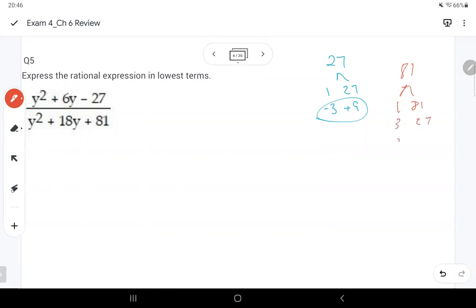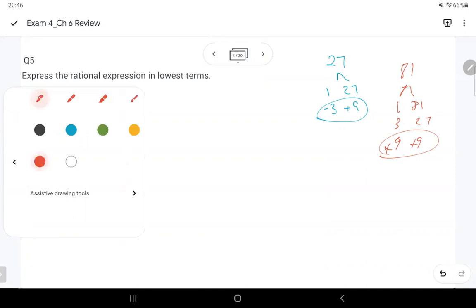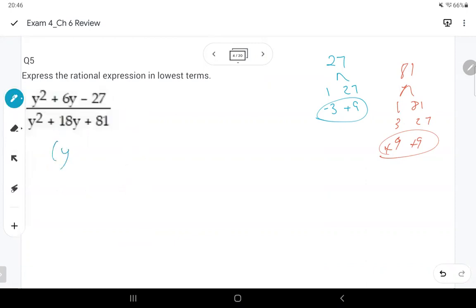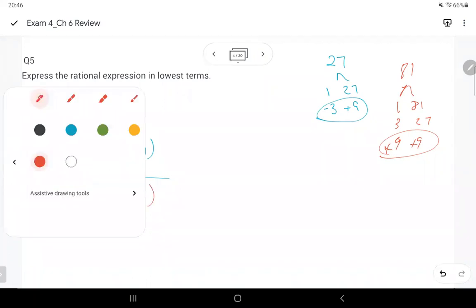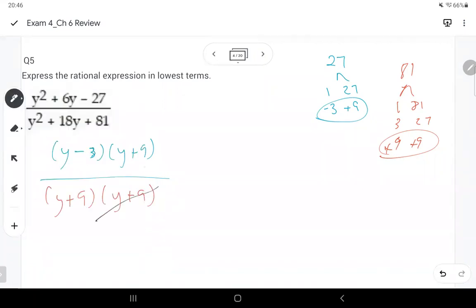They will actually be 9 and 9, and they're both positive. The reason why we don't write y plus 9 quantity squared is because they're going to cancel out right there. So you end up with y minus 3 and y plus 9.